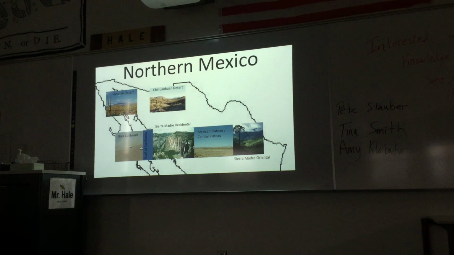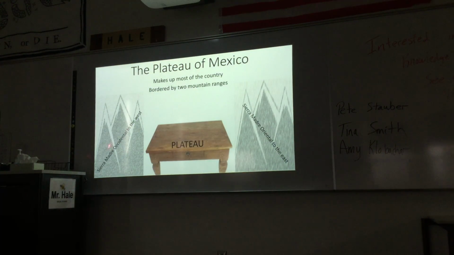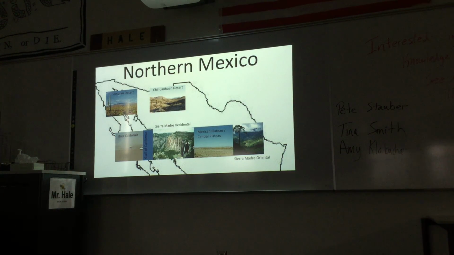So kind of what you're looking at here is something like this, where you have the Sierra Madre Occidental, the Sierra Madre Oriental in the east, and then in the middle, this is the Plateau of Mexico, or the Central Plateau. So you basically have sea level, then the mountain ranges, and then the plateau. This is still a high elevation area, but it's low mountains, plateau.